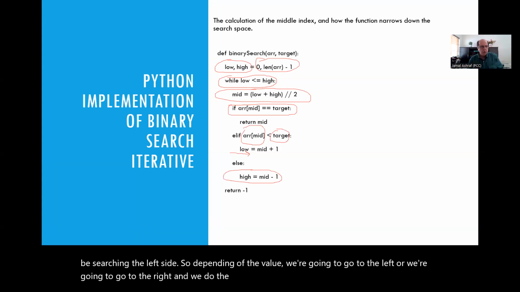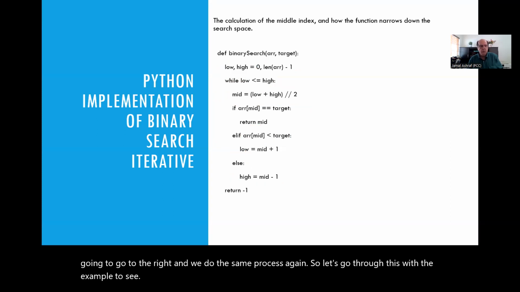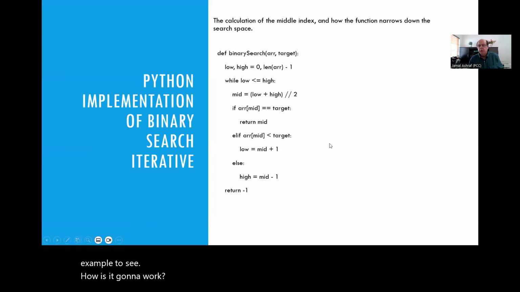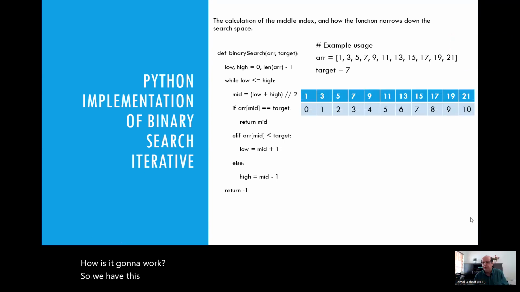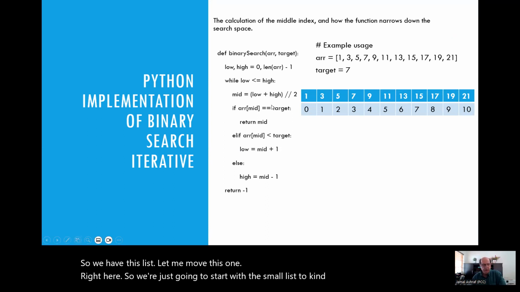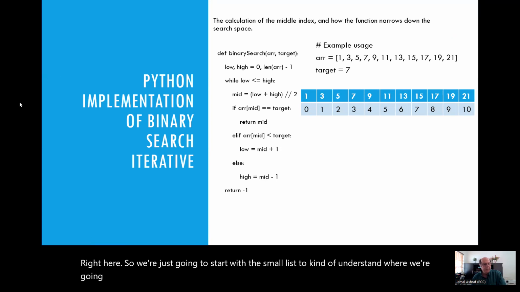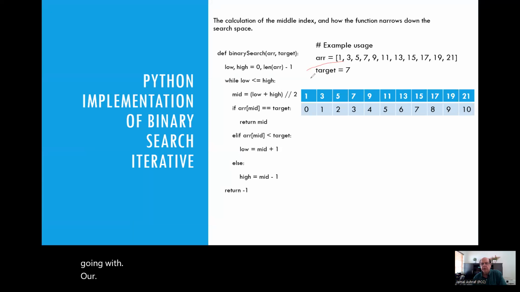So let's go through this with an example to see how it is going to work. So we have this list. Let me move this one right here. We're just going to start with a small list to kind of understand where we're going. Our target is 7.